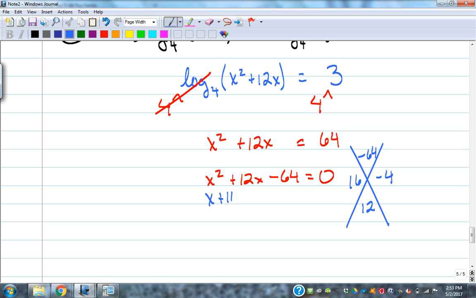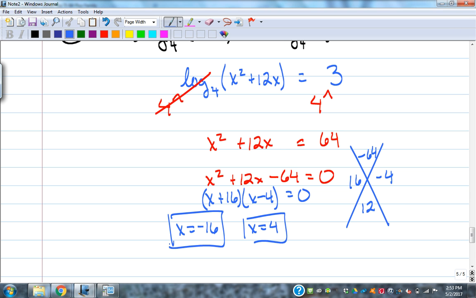So x plus 16, x minus 4. So x equals -16 or x equals +4. Which one do we keep? The 4, why? Yeah, because it keeps a positive in the logs in the original. The -16 does not, so it's extraneous. So x equals 4 is the only answer we keep.